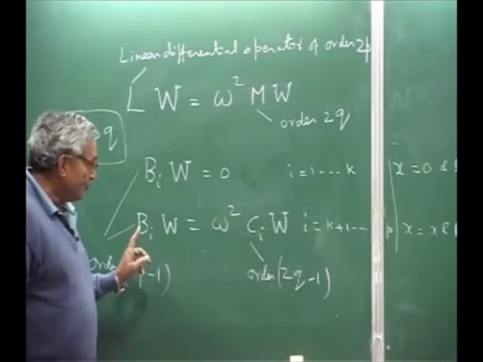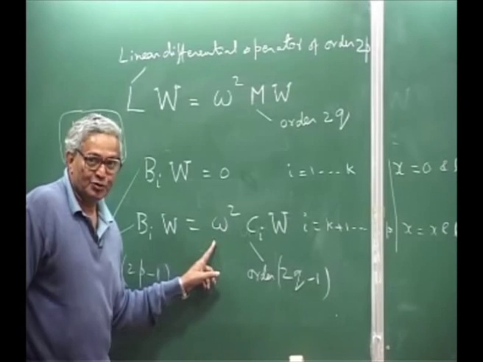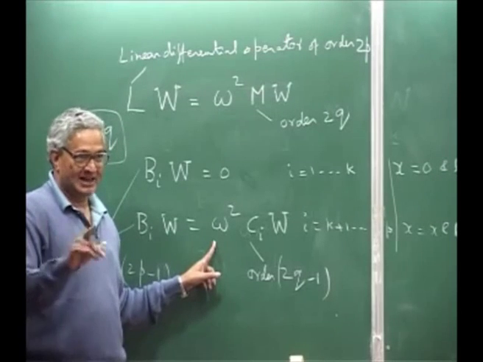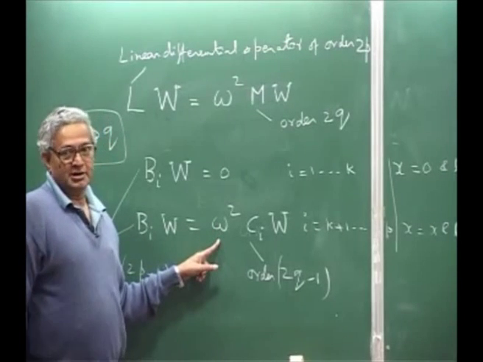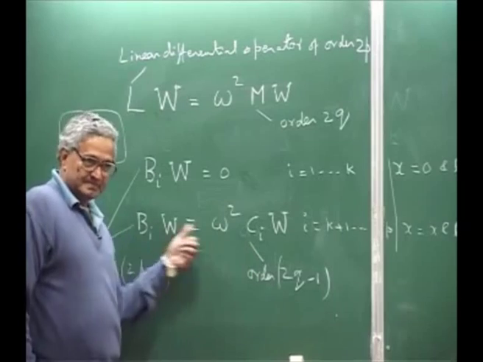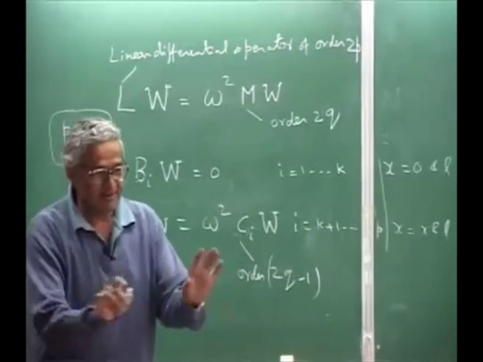You follow? Where there are those boundary conditions which have omega square in their relationship.